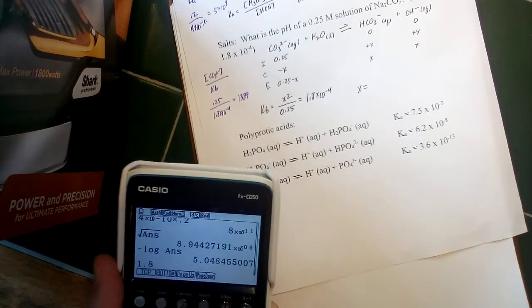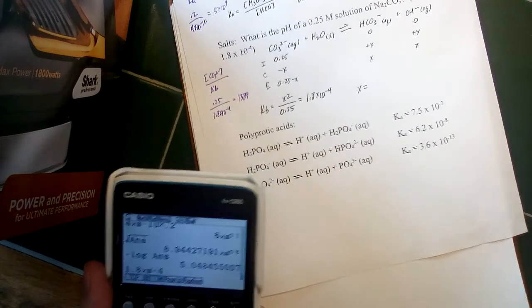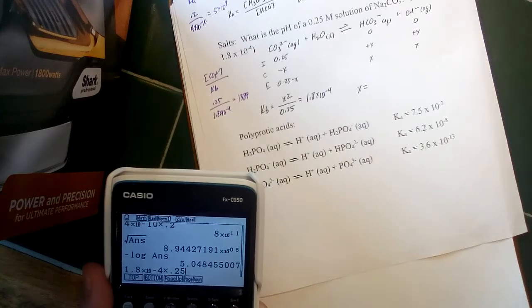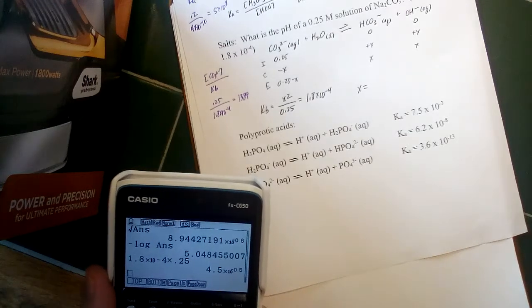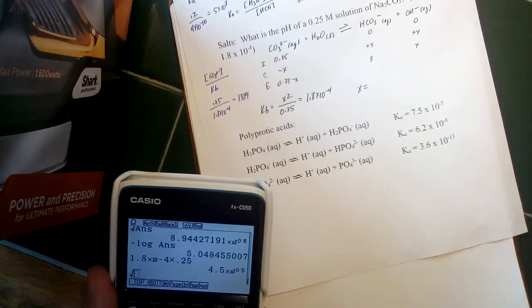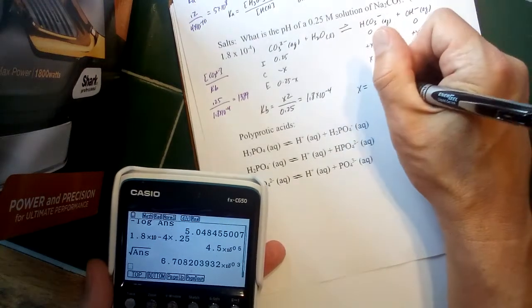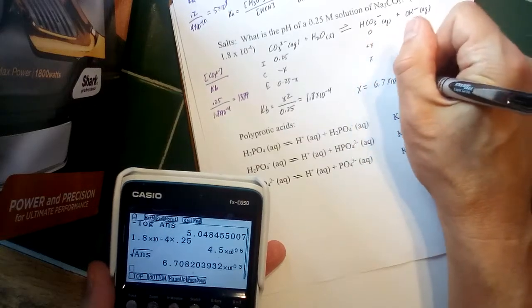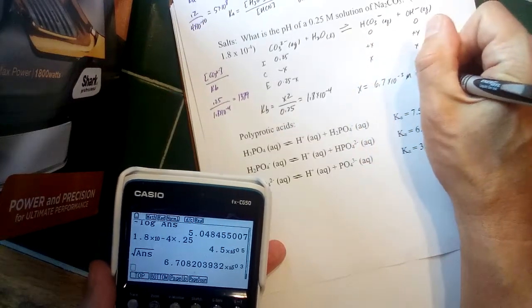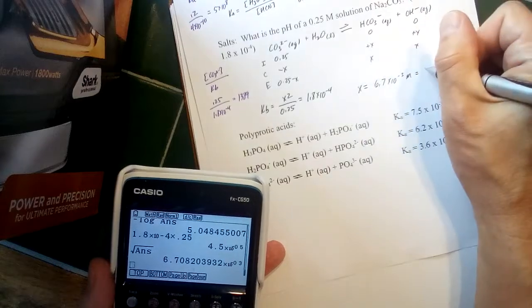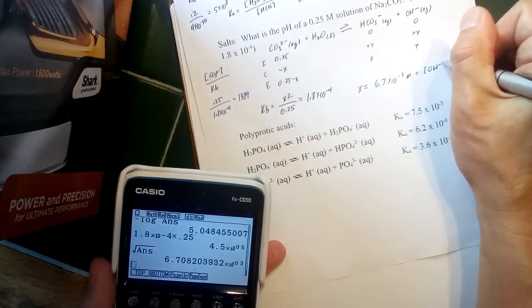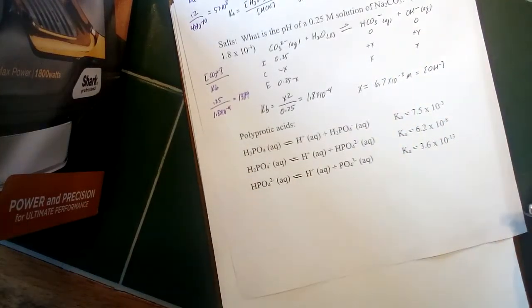So 1.8 times 10 to the minus fourth, multiply through by 0.25, and then take the square root of that answer. And x here would be 6.7 times 10 to the minus third. That again would be a molarity since we're solving for the concentrations of our components. In this case, it's not hydronium though, it's hydroxide.